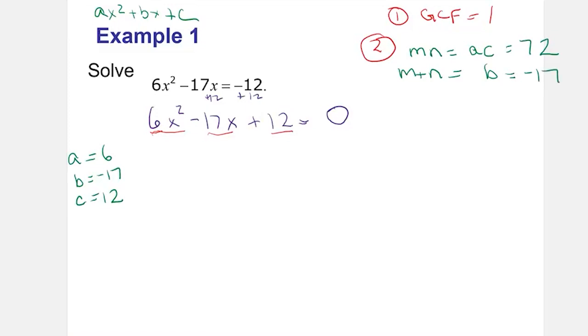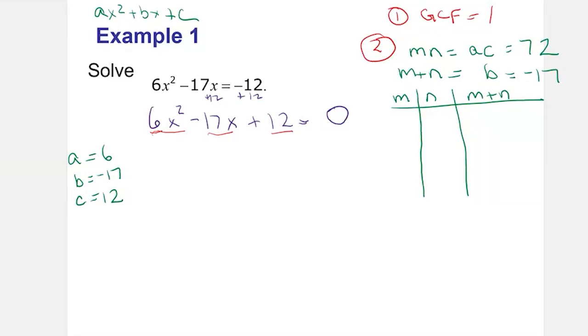All right, so now we should make a table. I'm going to call this column M, this column N, and this column M plus N. What I want to do is multiply two numbers together first, because there's a more limited number of whole numbers, with no fractions or decimals, that multiply together to give me 72.